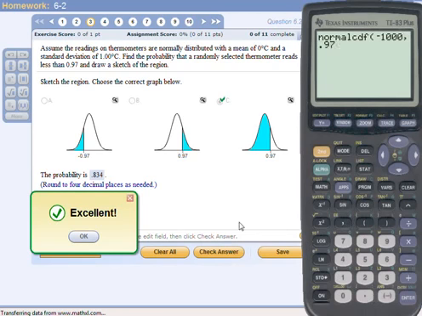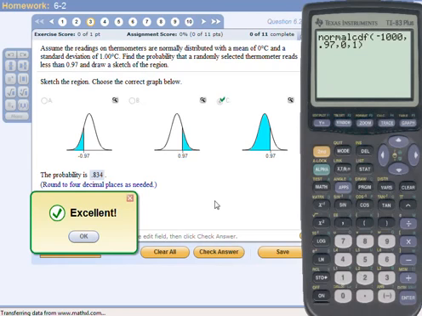Next, it asks for a mean, and in this case our mean is 0. It's given from the problem. And then finally a standard deviation of 1, which is the last thing we put in this baby. And we put the parentheses here.